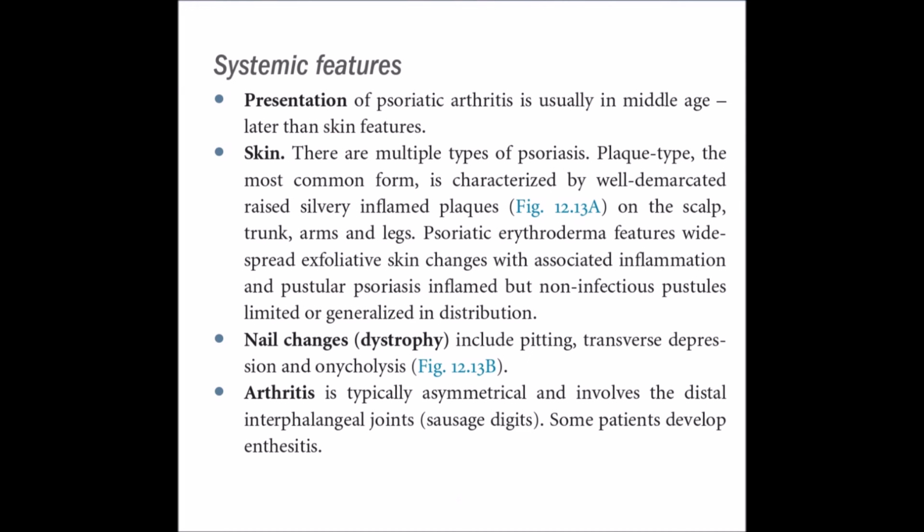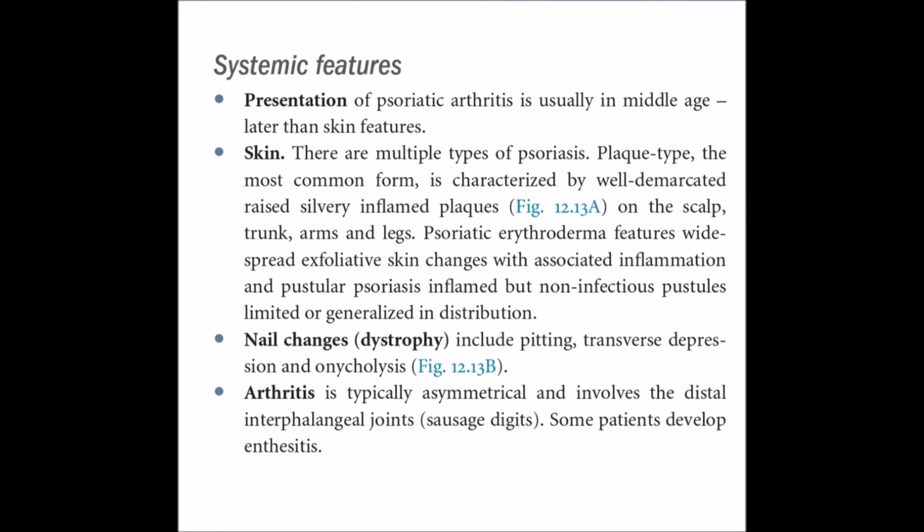Number two is psoriatic erythroderma, featuring widespread exfoliative skin changes with associated inflammation, and pustular psoriasis is another kind, with inflamed but non-infectious pustules, limited or generalized in distribution. Nail changes or dystrophy include pitting, transverse depression, and onycholysis.